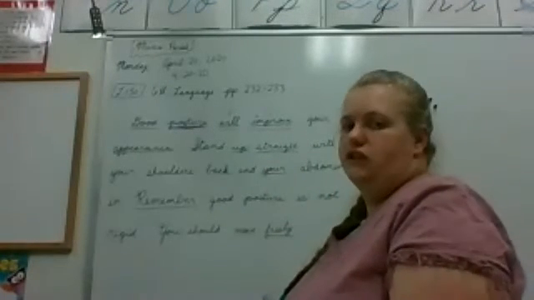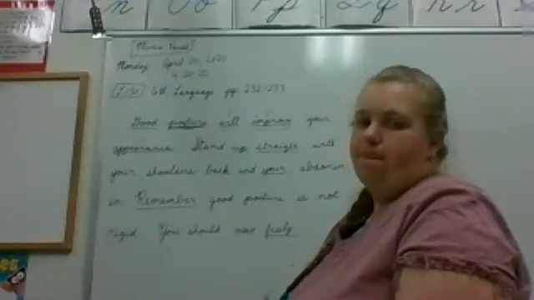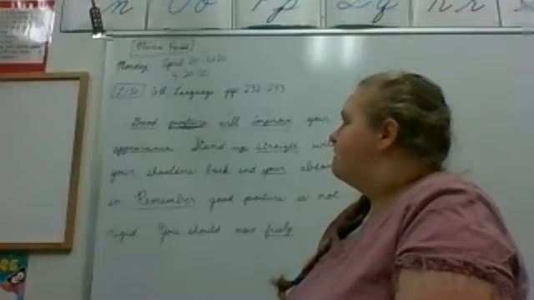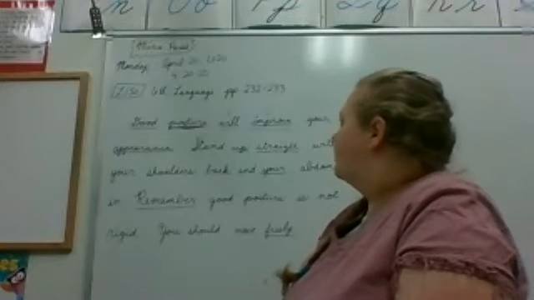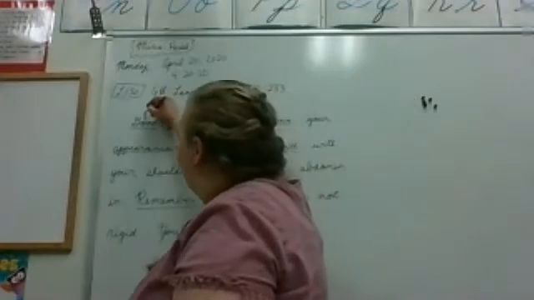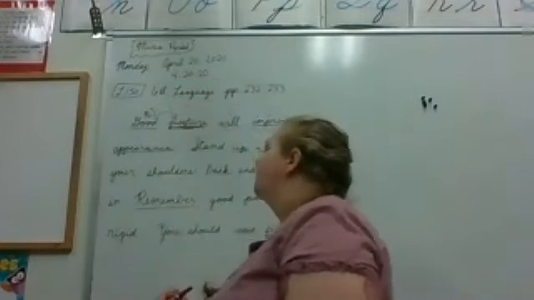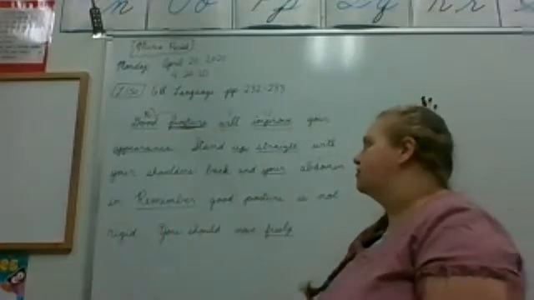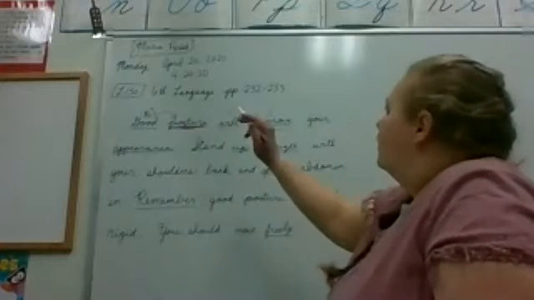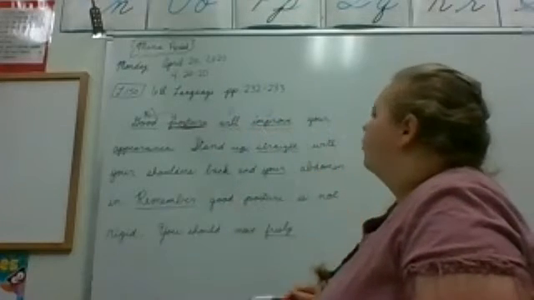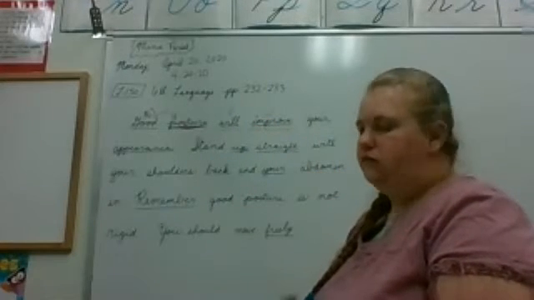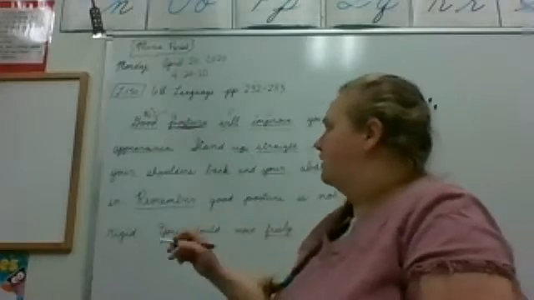So what is good doing? Okay, good posture is an adjective, and maybe you already said that. It's an adjective describing the posture. What kind of posture? Good posture. Okay, good posture will improve what? Your appearance, right?